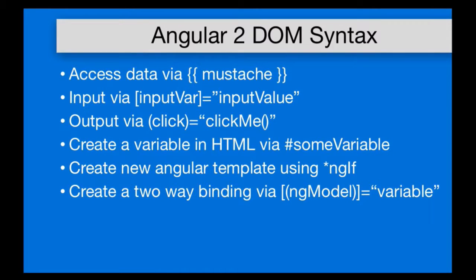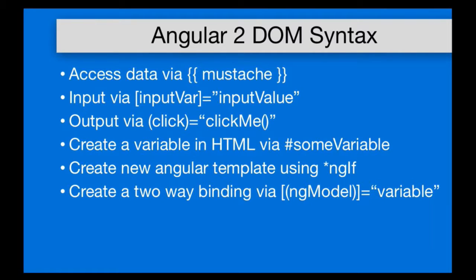And then here's some DOM syntax that we saw a little bit in the last slide in our template. But this kind of gives us a good way to indicate what the DOM structure is actually doing. In Angular 1, you had ng-model, which was a two-way binding. You did an ng-for or ng-repeat that created DOM elements, but you didn't have any indication just looking at the DOM structure.